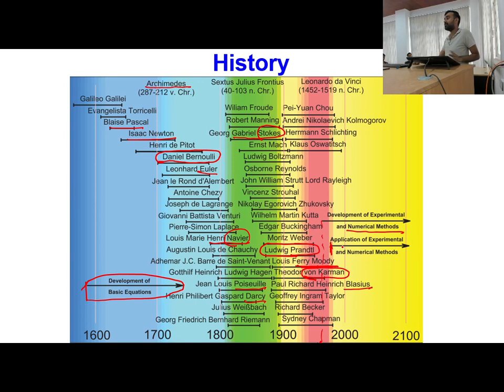Okay, so when we apply numerical methods to fluid dynamics problems, we refer to the subject as computational fluid dynamics. Maybe some of you might be doing the computational fluid dynamics course as well. There you will understand the essence of numerical methods in solving fluid dynamics problems. Okay, so this is a brief summary of the historical developments in the subject of fluid dynamics.